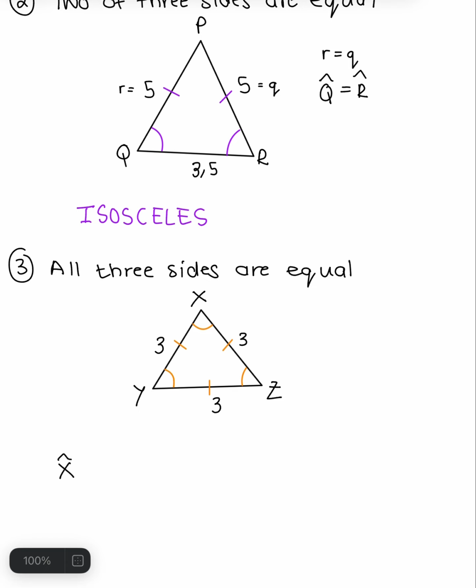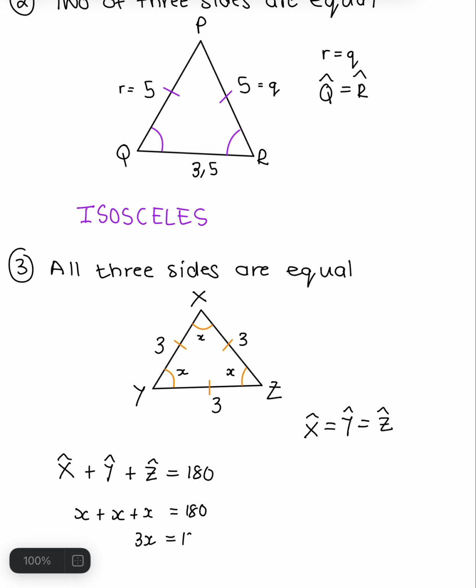So angle X plus angle Y plus angle Z must equal 180, but all these angles are equal to each other, so X is equal to Y is equal to Z. We could call these angles X, and so this would be X plus X plus X is equal to 180, which means 3X is equal to 180.